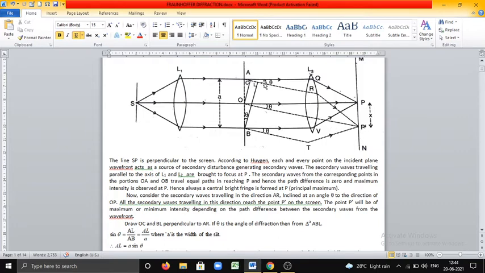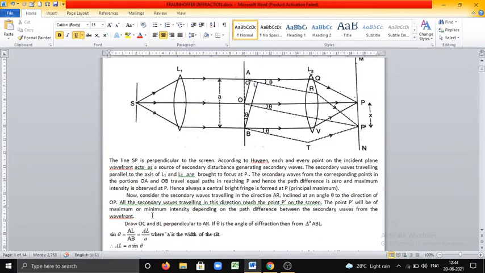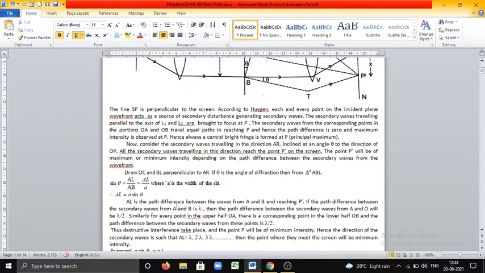Therefore, AL is called the path difference between these two rays. From the right angle triangle ABL, sin theta is equal to AL by AB, where AB is equal to the width of the slit a. Therefore, AL is equal to a sin theta. Path difference is given by a sin theta. This AL is the path difference between the waves from A and B reaching P dash.